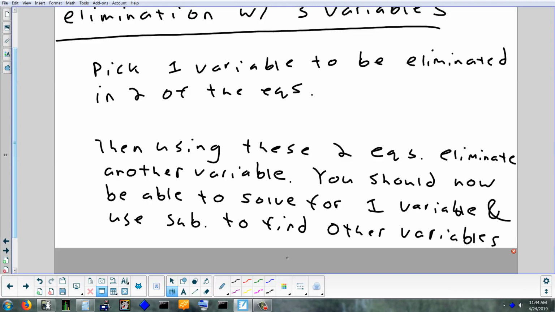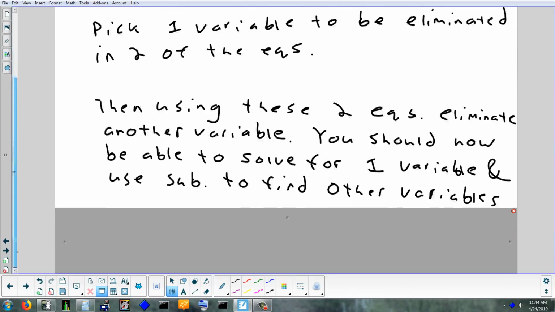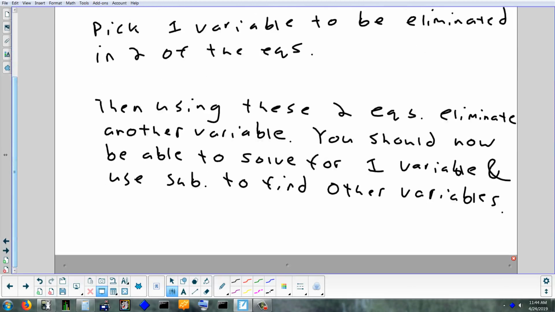Okay? So we'll go through it, and as I go through it, I'll label my equations by giving them numbers, like equation 4, 5, 6. Now, the way I'm showing you how to solve a 3x3 system, it's not the most efficient way. Using a matrix is more efficient. This ends up being a lot of writing, but the advantage is it doesn't require me to teach you anything new.